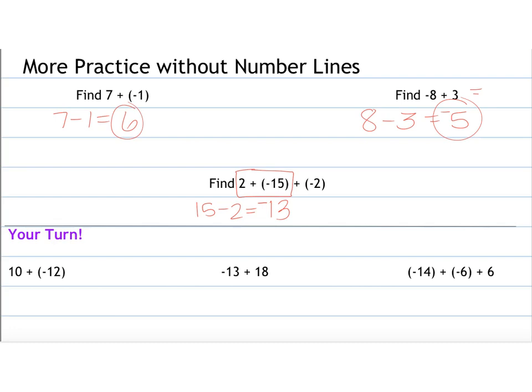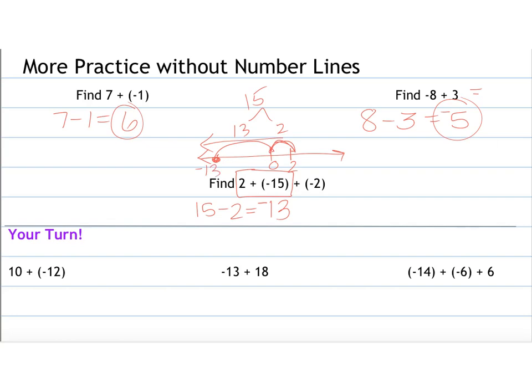And if I think in my head, again, here's 0, I'm starting at 2, and I'm adding negative 15, which means I'm going 15 steps to the left. That's quite a bit. So 2 jumps to get to 0 right away, and then I know I have to go 13 more, because this together equals 15.